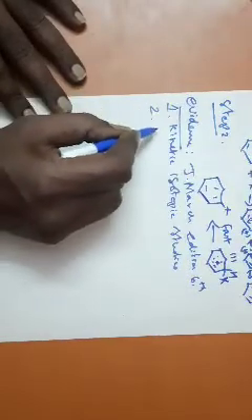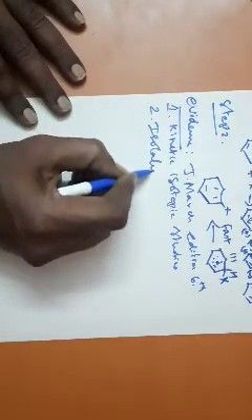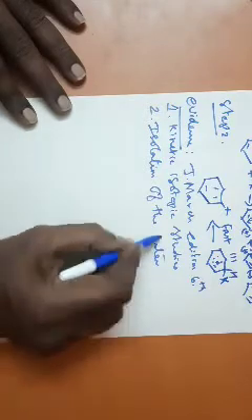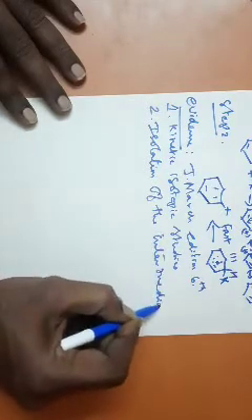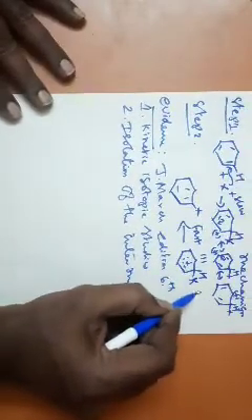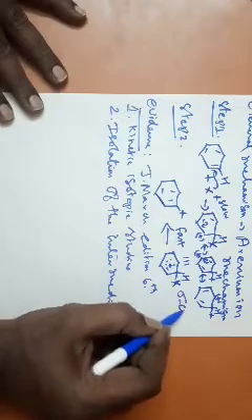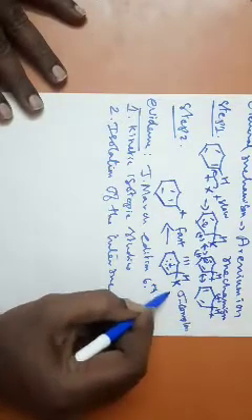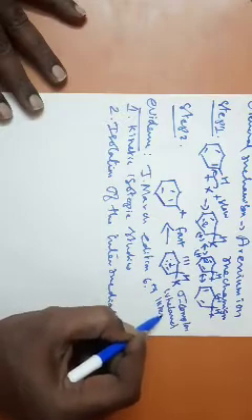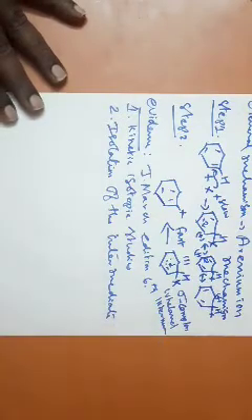Further evidence comes from the isolation of the intermediate. How do we get an intermediate? See, this is the intermediate. It is also called the sigma complex or Wheland intermediate.